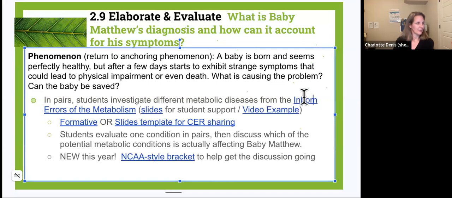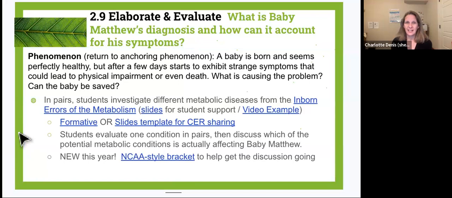I'm going to have to figure that out. Different mutations that cause metabolic challenges. And we have identified 16 of these as possible scenarios for baby Matthew's condition.